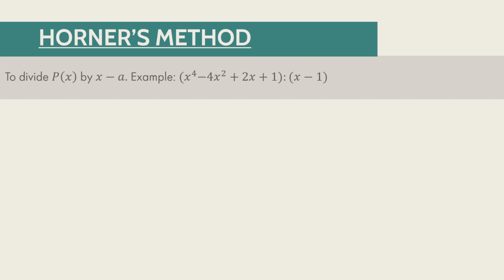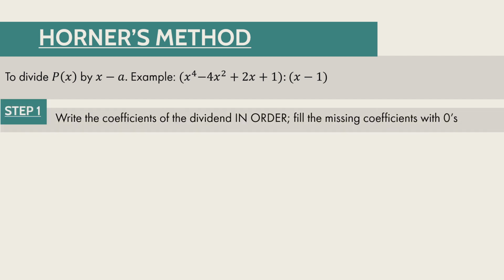First, let's consider this example: x to the power of 4 minus 4x squared plus 2x plus 1 divided by x minus 1. Step 1. Write the coefficients of the dividend in order and fill the missing coefficients with zeros.